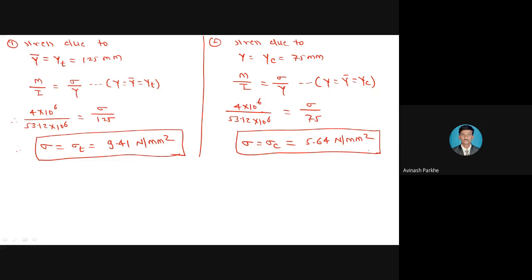So sigma t and sigma c we have calculated. If I compare both the stresses, which is the maximum stress? Sigma t is the maximum stress.